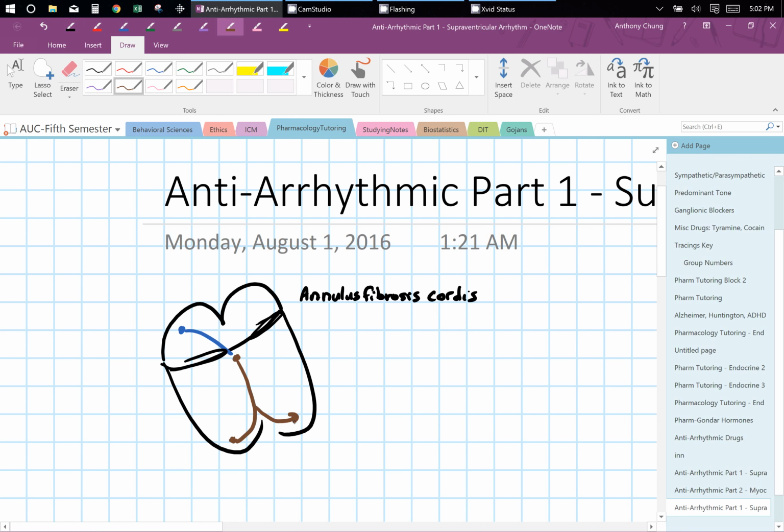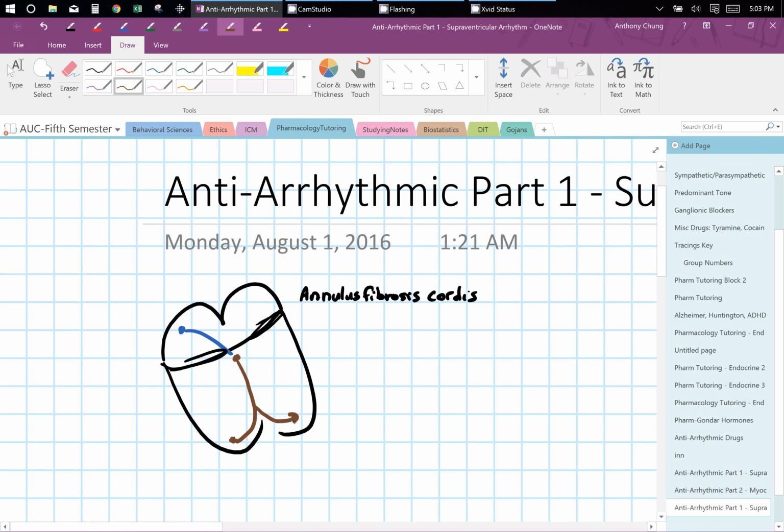So number one concept that you have to know is that the most important part of your heart is the atria or the ventricles? Ventricles. You see, the atria is not that important. You can technically live with your atria going haywire the whole entire time.